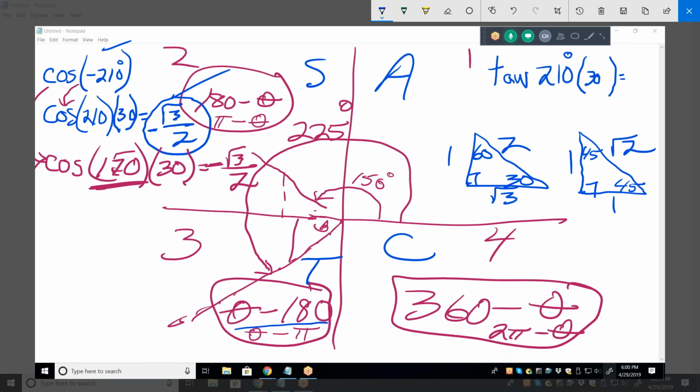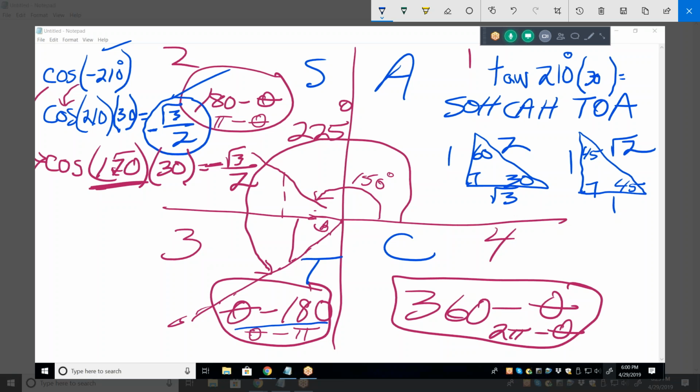So what's the tangent of 30 degrees? Is it 1/2? SOHCAHTOA. You've got to memorize that also. Everything that's on the page right now, you should take a picture of and make a note that you've got to memorize it.